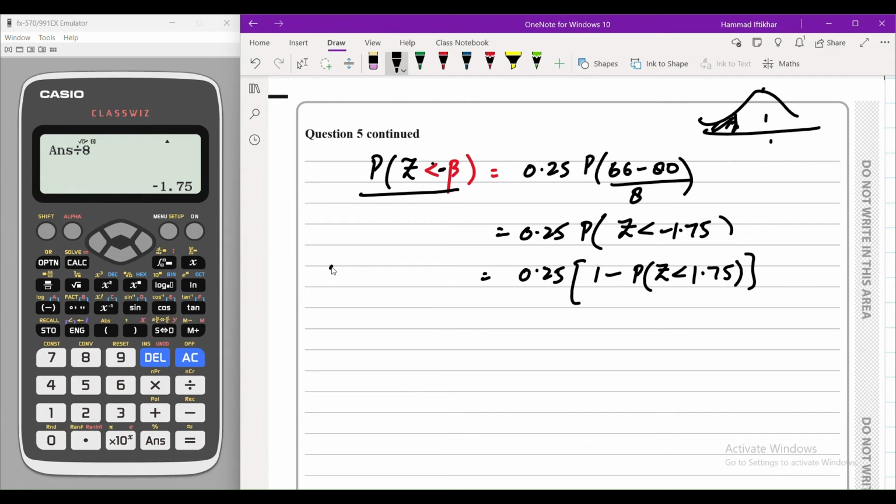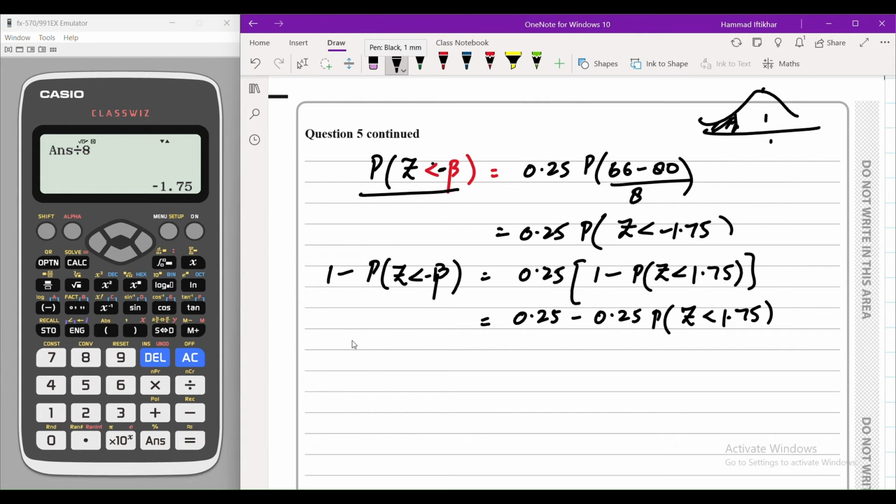So over here, that will also be 1 minus the probability of z less than positive beta. On both sides, we have 0.25 probability of z less than 1.75. No, sorry. This turned out to be positive. Okay. So this is 1 minus that.